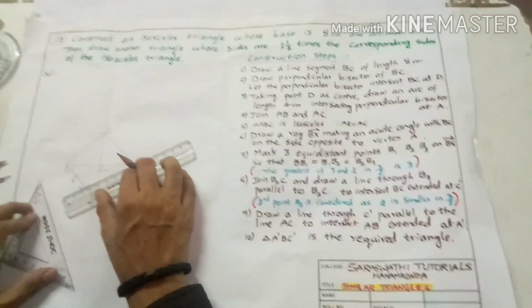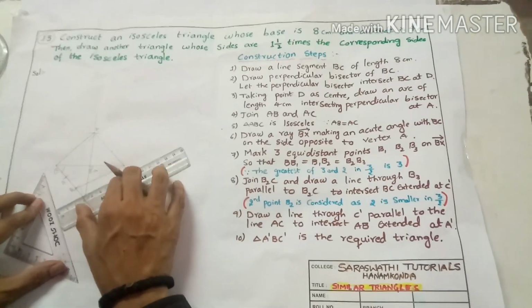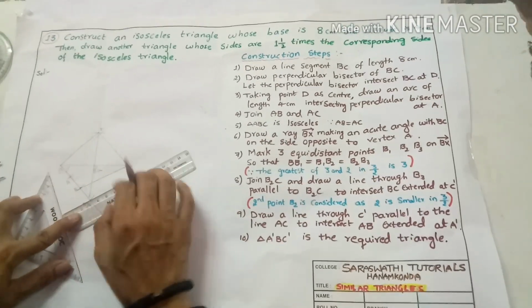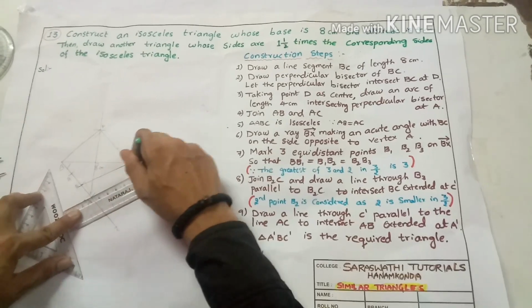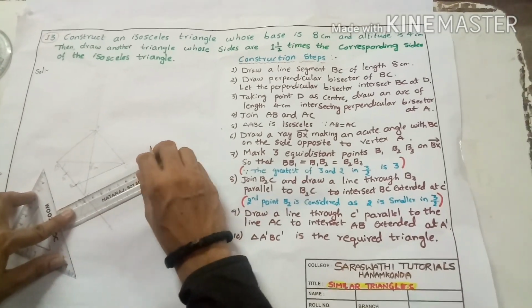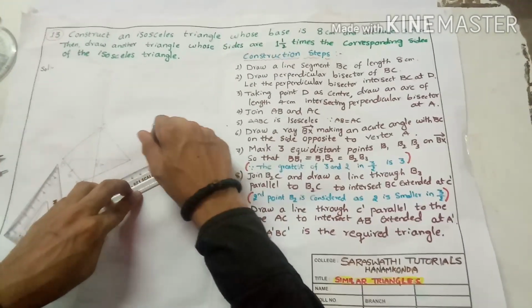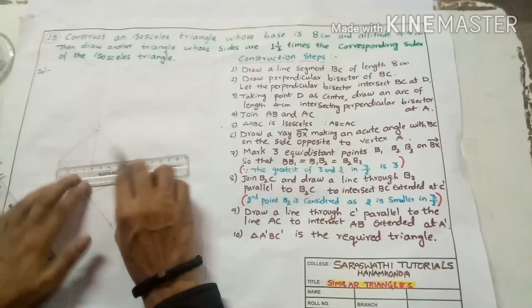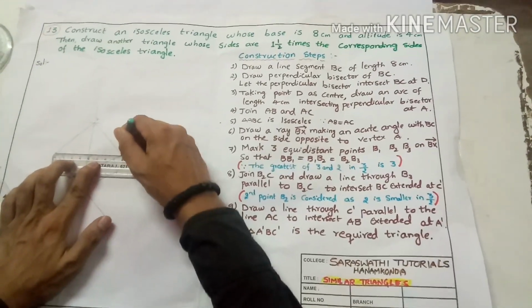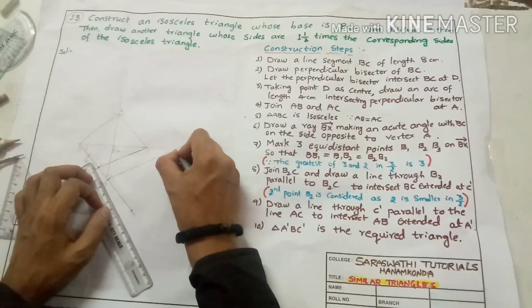So this line meets the BC extended at C dash.